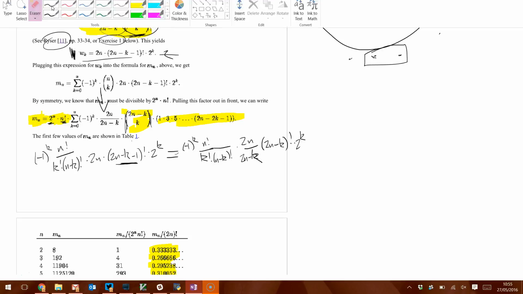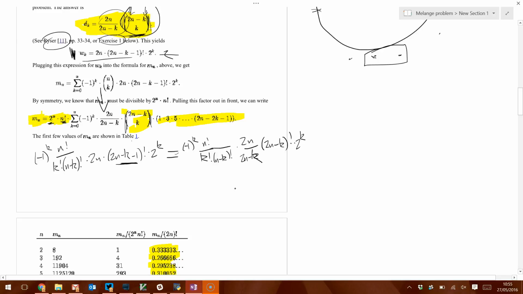Right. Okay. So I've got my 2n minus k factorial and my k factorial. I need 2n minus 2k factorial. Yes, that's what I need. So the thing to look at now is this suspicious thing. 2n minus 2k factorial is 1.2.3.4 all the way up to 2n minus 2k.